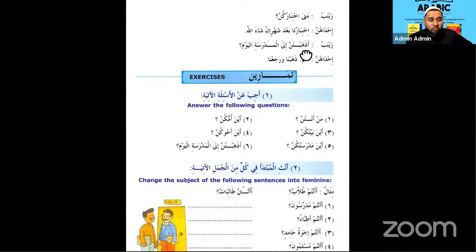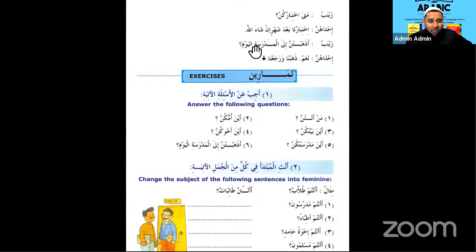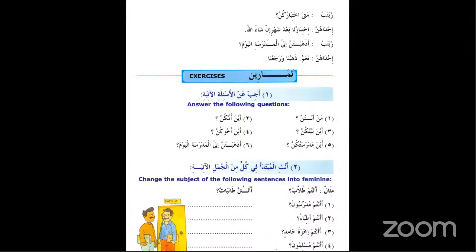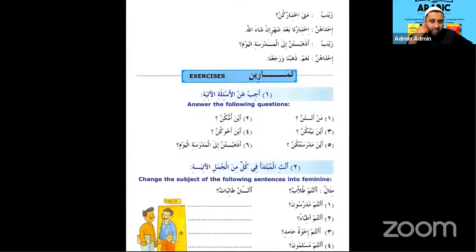Now next one here, Zainab. It says أذهبتن إلى المدرسة اليوم? I want you to change it to the masculine. Did you all go to the school today? All boys. ذهبتم إلى المدرسة اليوم.